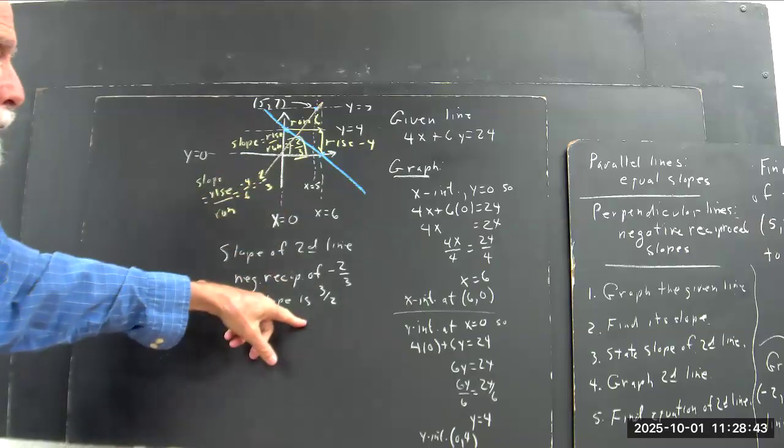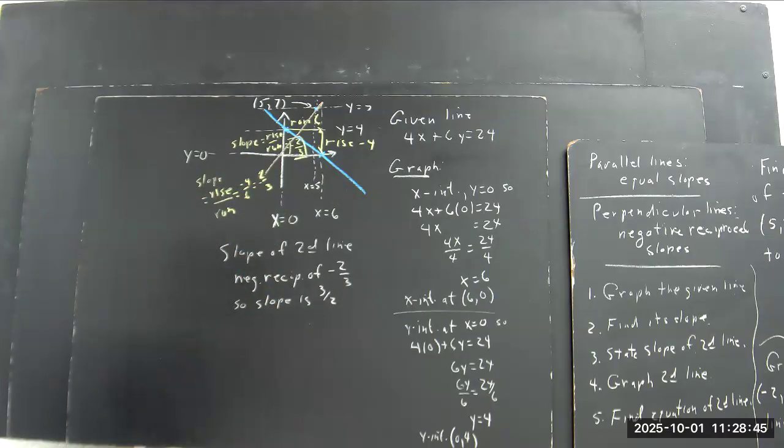With this slope. Okay. How do we get a line through a point with a given slope?